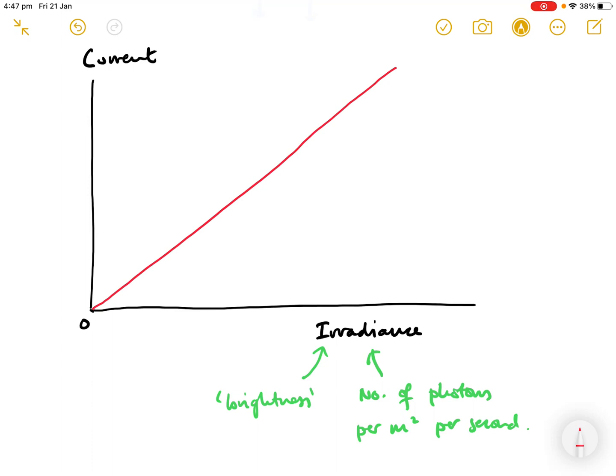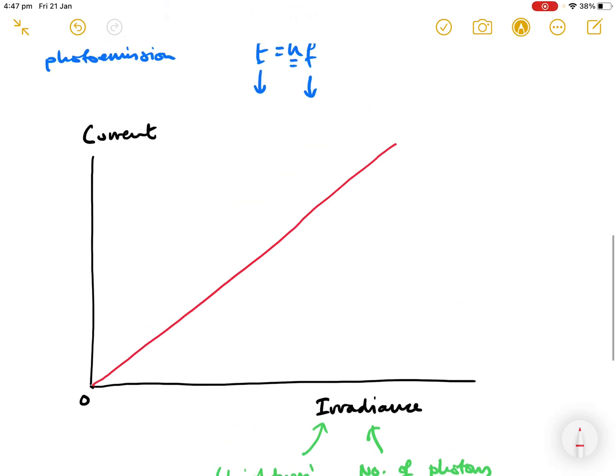So if you double the number of photons in that little square centimetre per second, you double the number of photoelectrons. And if you double the number of photoelectrons per second, you're doubling the current, because current is just the number of coulombs of electrons per second, if you like.